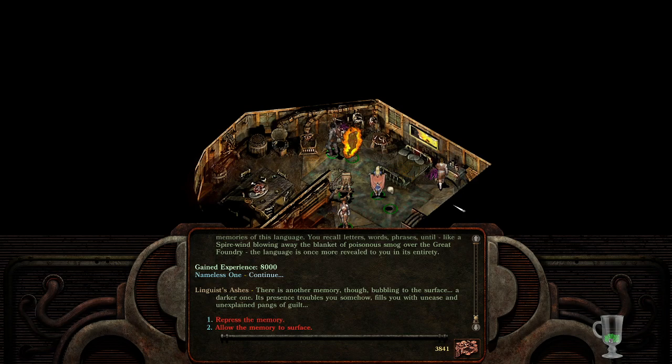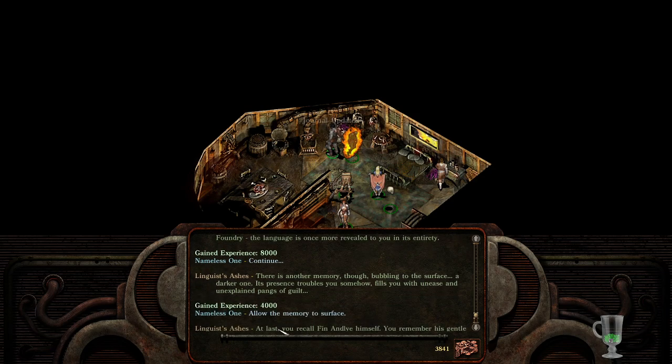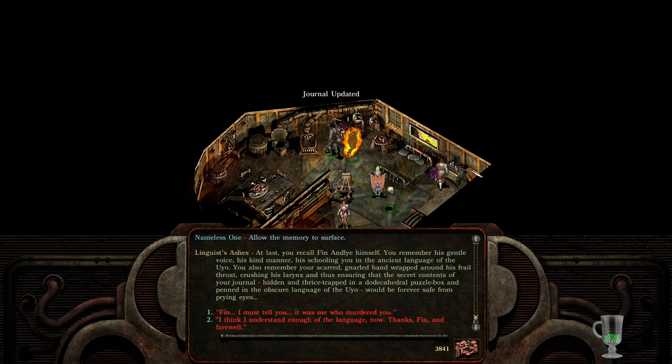There's another memory, though, bubbling to the surface, a darker one. Its presence troubles you somehow, fills you with unease and unexplained pangs of guilt. Allow it to surface. At last, you recall Finn Andal himself. You remember his gentle voice, his kind manner, his schooling you in the ancient language of the Uyo.